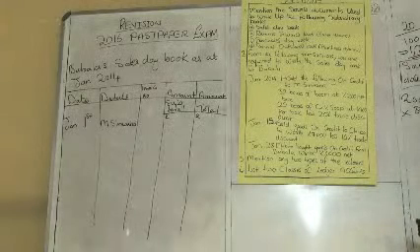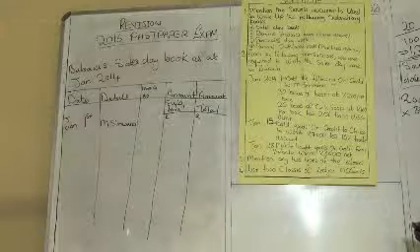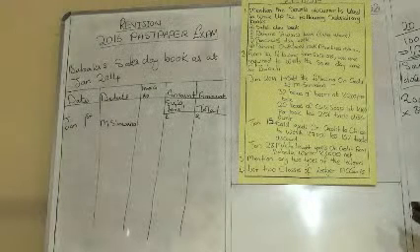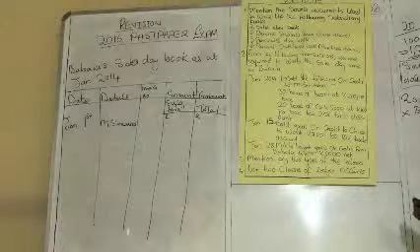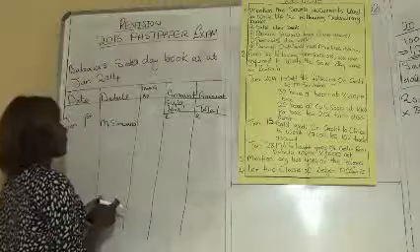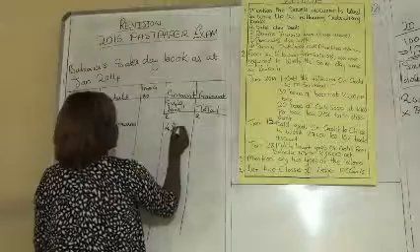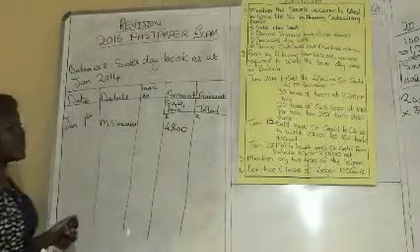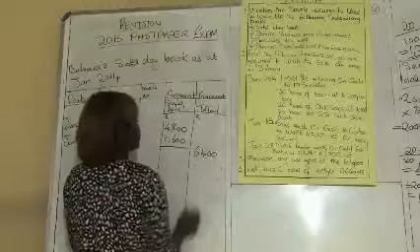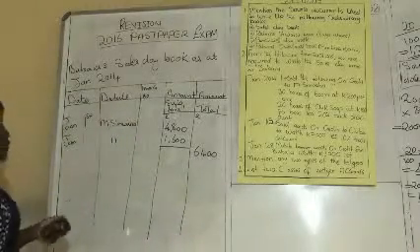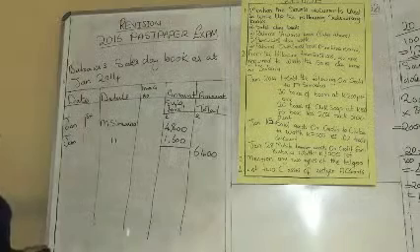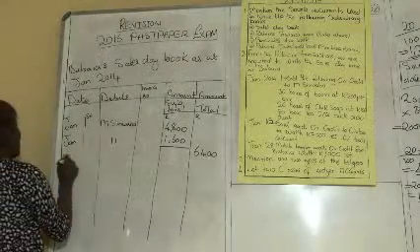We are going to deduct 1,200 from 6,000. So 6,000 minus 1,200, our answer is 4,800. On the same, that transaction was 6,400. We move to the 15th of January.